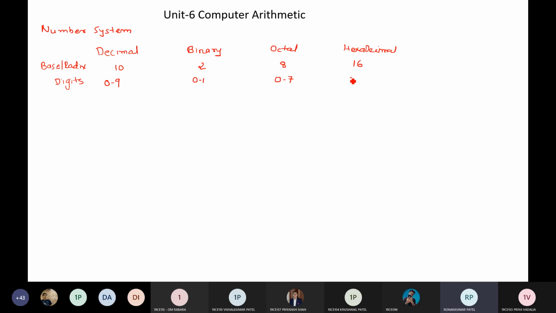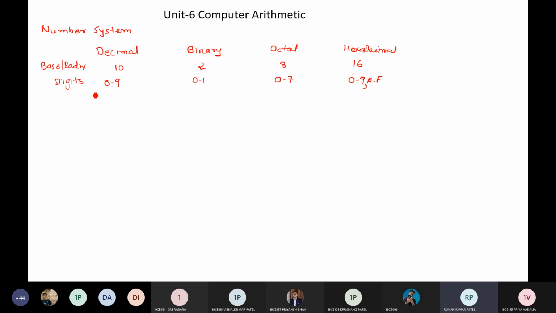So how do we represent them? We use digits 0 to 9, and then A to F. For 10 it's A, 11 is B, 12 is C, 13 is D, 14 is E, and 15 is F. So 0 to 9 and then A to F, ultimately 0 to 15.